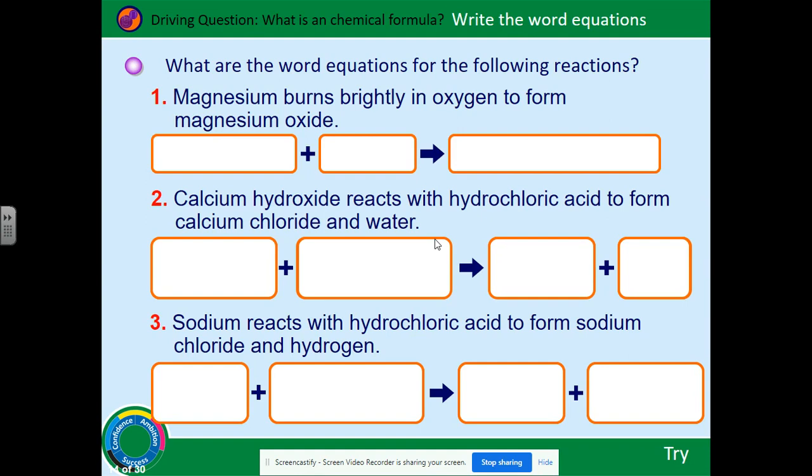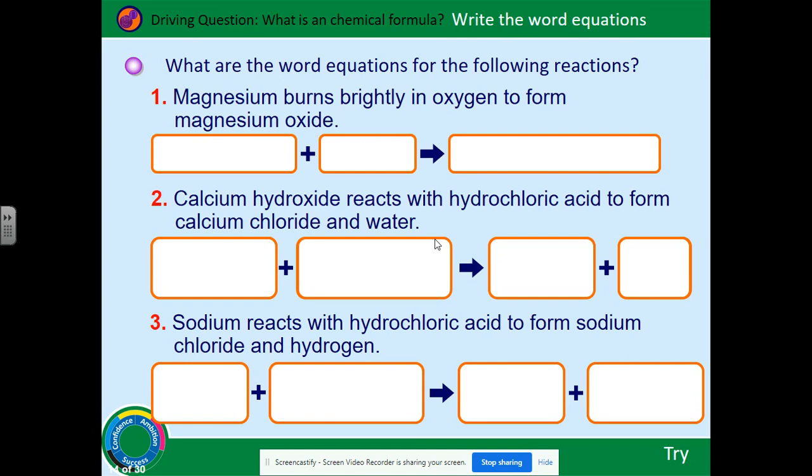Welcome back. I hope you have timed yourselves. Now, what are the word equations for the following reactions? Number 1. Magnesium burns brightly in oxygen to form magnesium oxide. Which two substances were used as the reactants? And which one substance was created as the product?